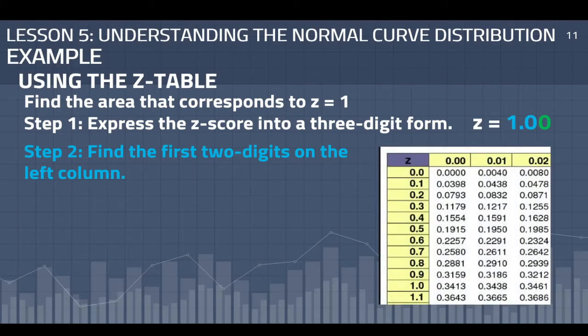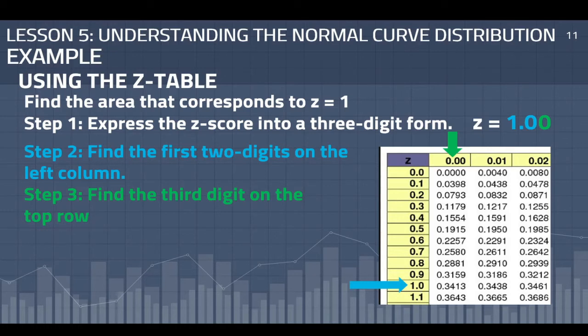So, by looking at your Z-table, ano daw yung hanapin natin sa left column? Yung first two digits, which is 1.0. At saan yung 1.0? Ayun, yung 1.0. Next, find the third digit on the top row. So, ano daw yung hanapin natin sa top row? Yung 0.0. So, nasan yun?